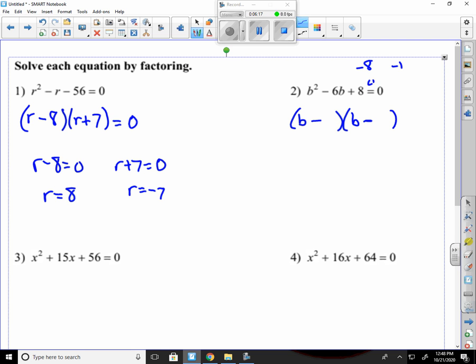I could also do negative 4 and negative 2. Negative 4 minus 2 is negative 6. So b minus 4 equals 0. b minus 2 equals 0. That gives me b equals 4, b equals 2.